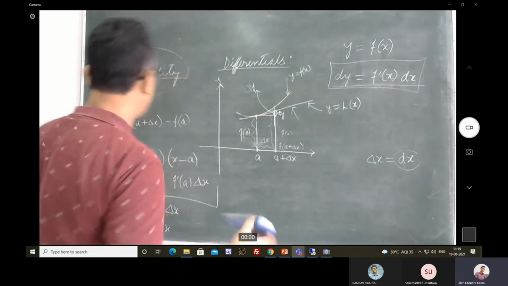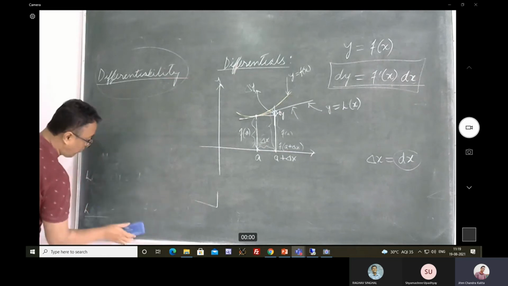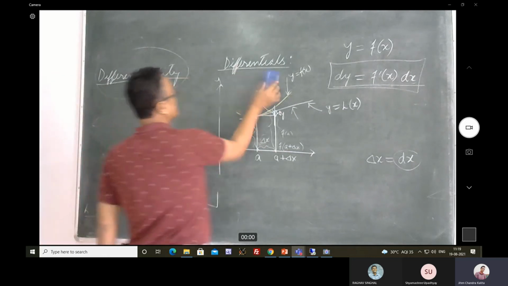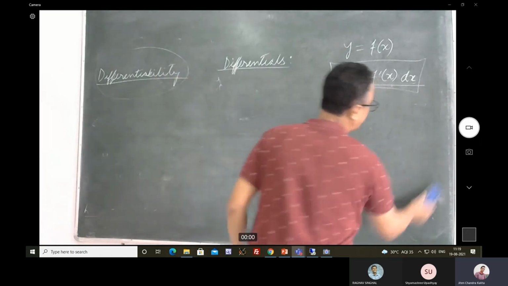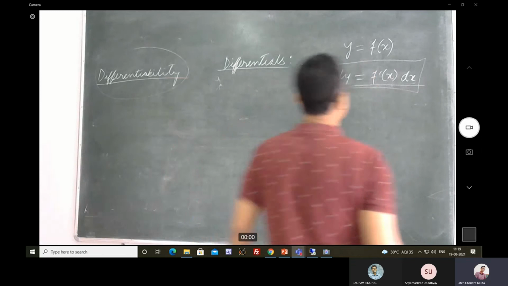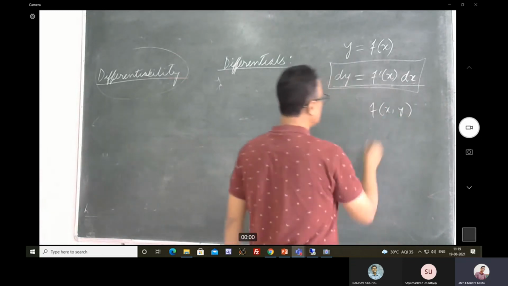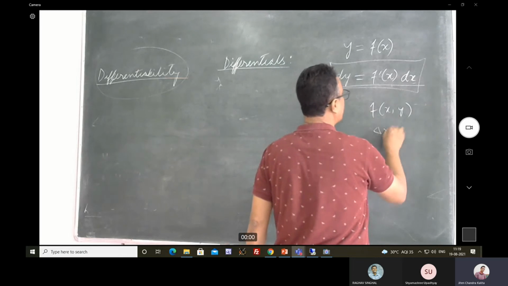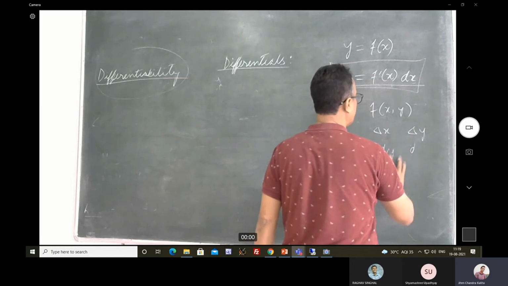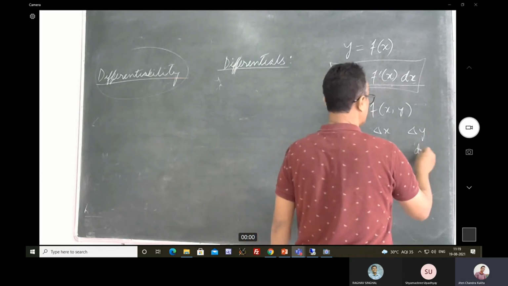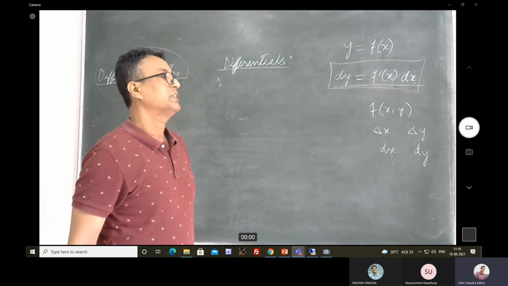Likewise, we can also define the differential, or for that matter the total differential, of a function of two variables. For a function of two variables, say f of x, y, the increments delta x and delta y for the independent variables we are simply going to call differentials for the independent variables, and I can write them as dx and dy.